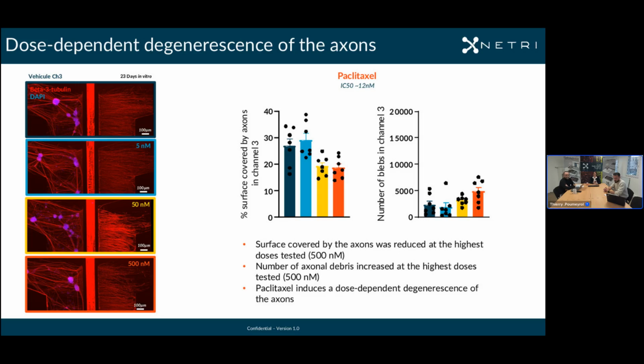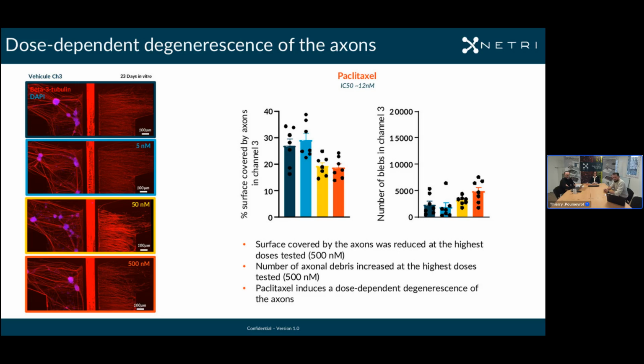What we could see is that the surface covered by the axons was reduced at the highest dose tested, 500 nanomolar, and that the number of axonal debris also increased at the highest dose tested.